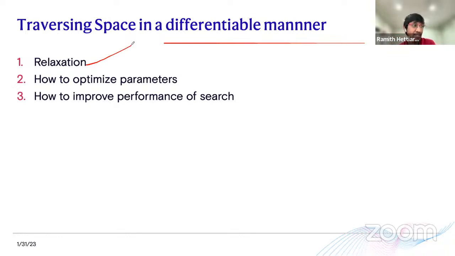I talked about the sequences, and each of these positions is combinatorial, so those are inherently not differentiable. So the first thing we need to do is make some relaxation. The second one is how do we optimize these parameters. And the third one is how can we improve performance of this search. We'll briefly look into these avenues, which is the most important part of the approach.